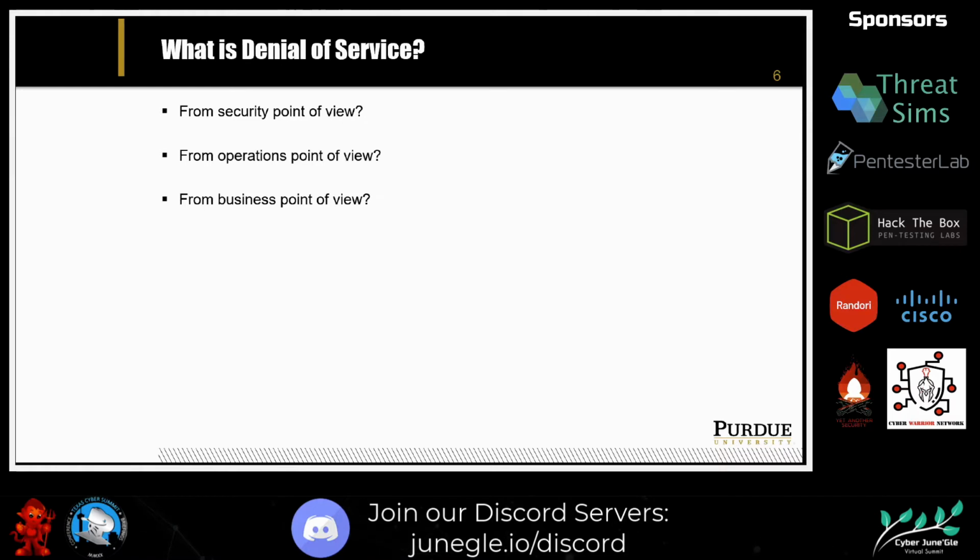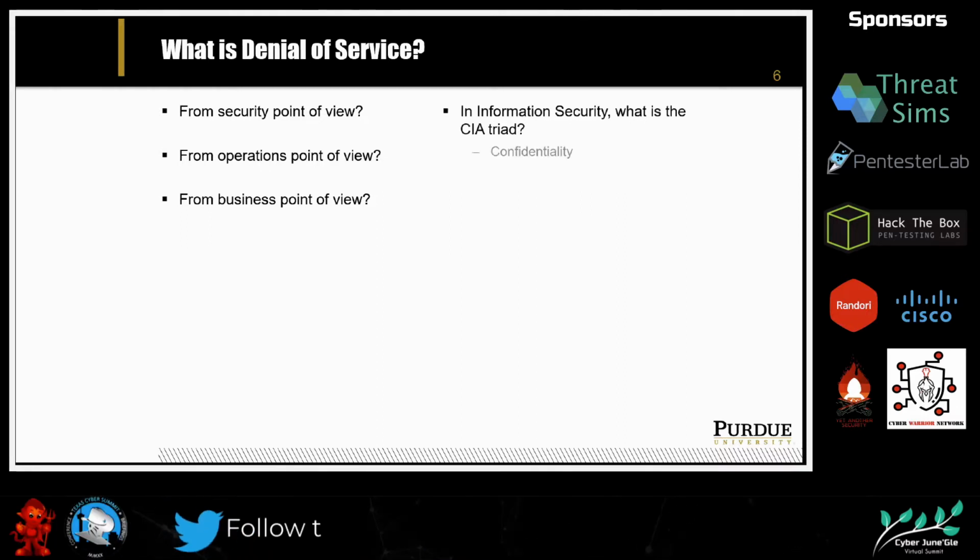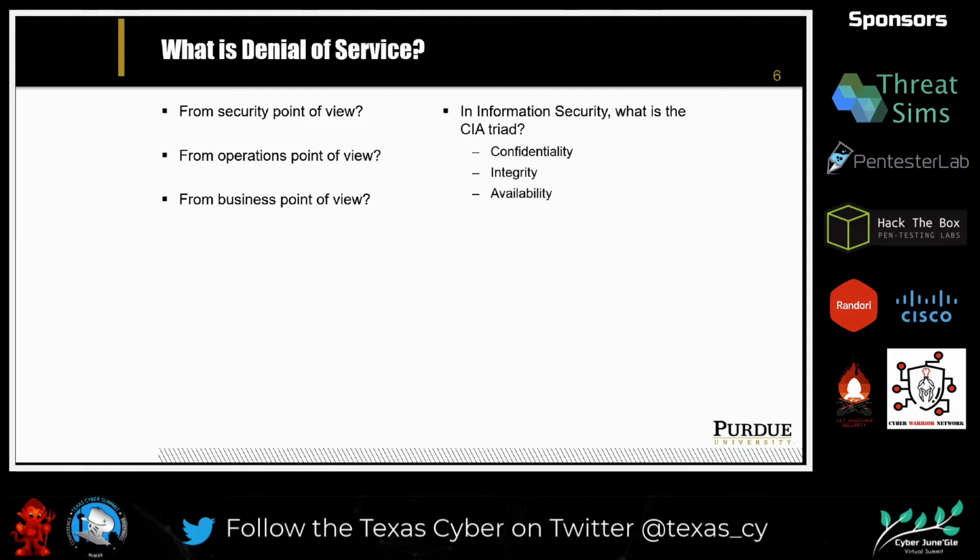So from a security point of view, denial of service would be what? Any guesses? Okay, it's distributed. And what is security? From a security point of view, how would you classify a denial of service attack? Okay, let's really go and look into the CIA triad. So what do we have there? We have confidentiality, integrity, and availability.